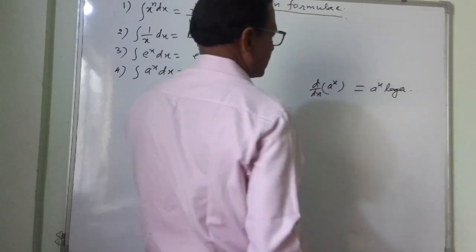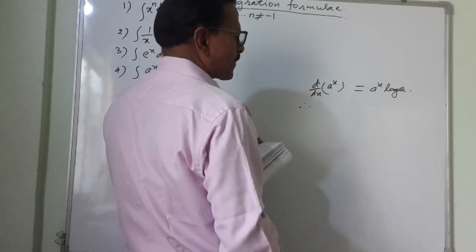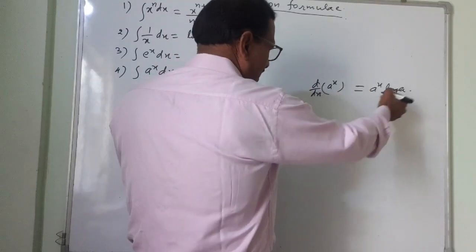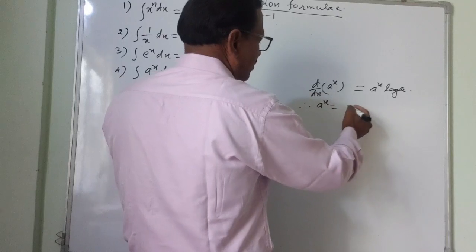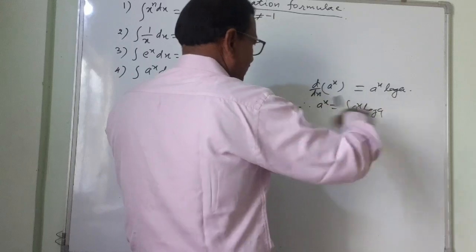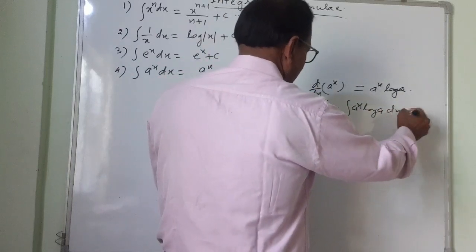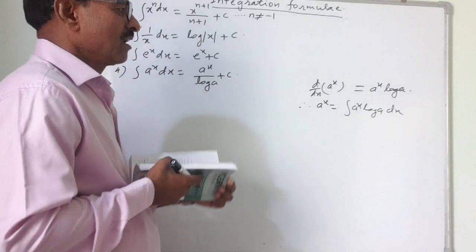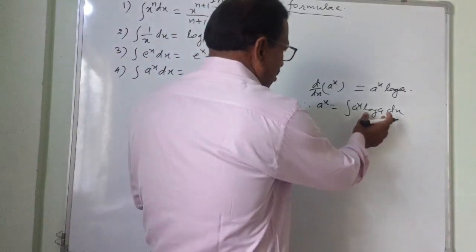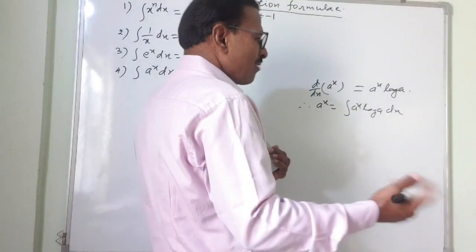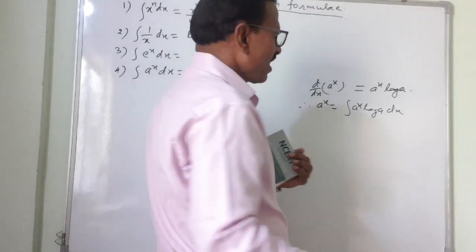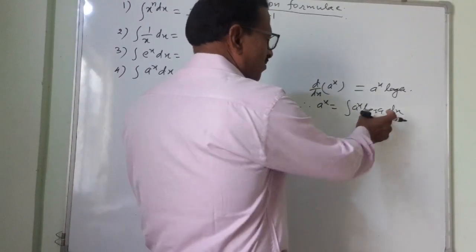Therefore, I want integration of this, so I will bring it there. So a raised to x is equal to integration of a raised to x into log of a, and this dx has gone there, so it is into dx. Now once again, see this log of a. The derivative and integration are found only for the variables, not for this constant.